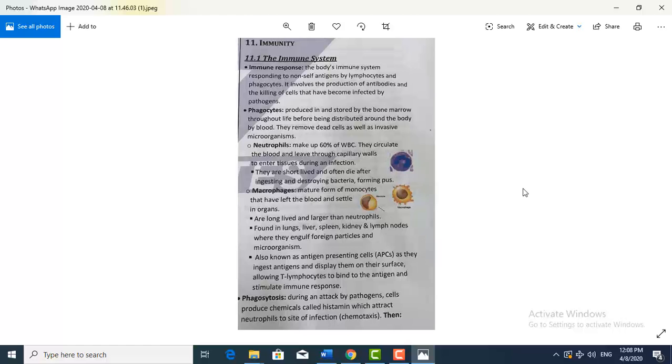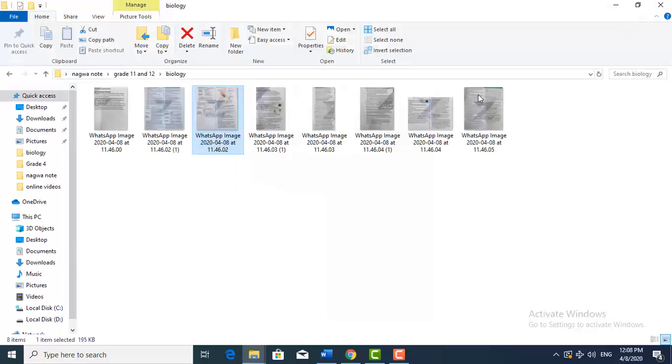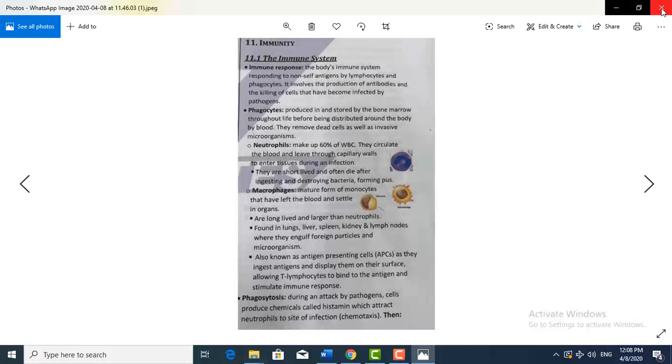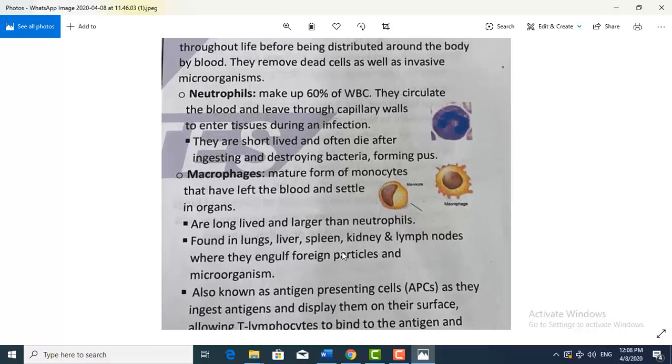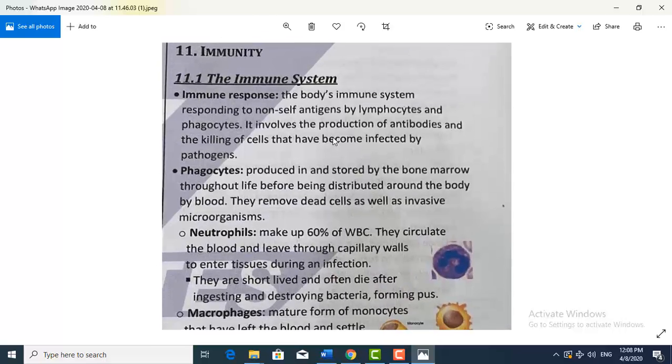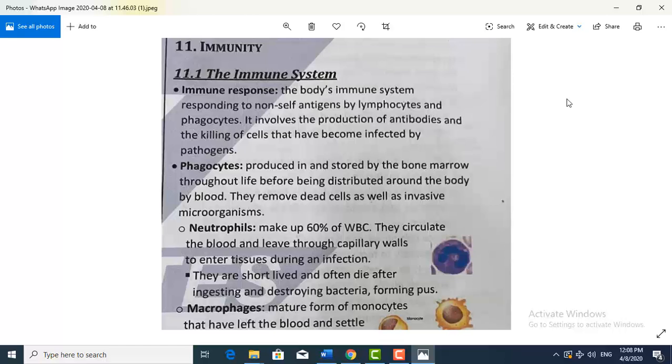Okay, here we go to the immune system, I believe. This one's a bit tricky. Yes, the immune system. What is an immune system, and what is immunity overall? The immune system is something that really affects your body.